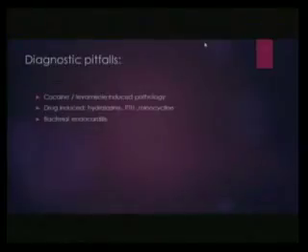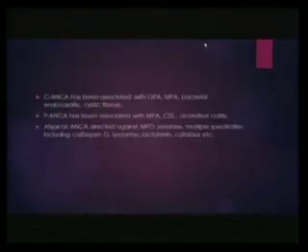And they also tell you that ANCAs are not the sole criteria for diagnosis of vasculitis. They are supportive, but they are not the sole criteria. So C-ANCAs can also be found in cystic fibrosis, and P-ANCAs have been associated with inflammatory bowel diseases.